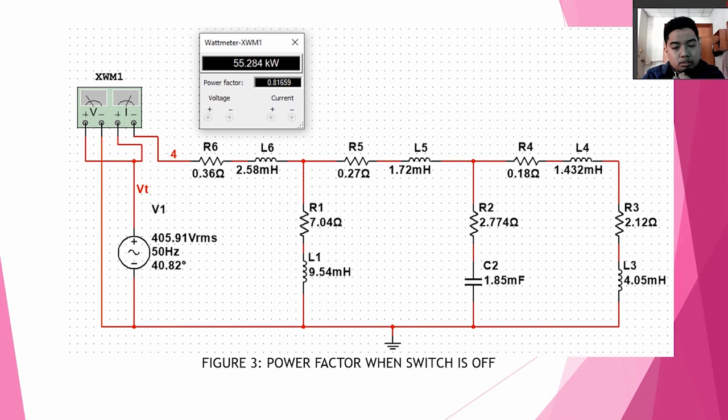This is the result of the power factor when no capacitor is placed in the circuit, which means the circuit has no switch. As we can see, the power factor of the circuit is 0.1659, which is equivalent to 0.82, and on top the wattmeter shows the real power value.